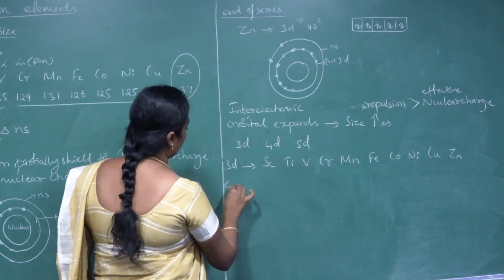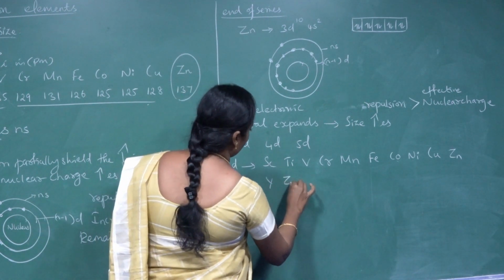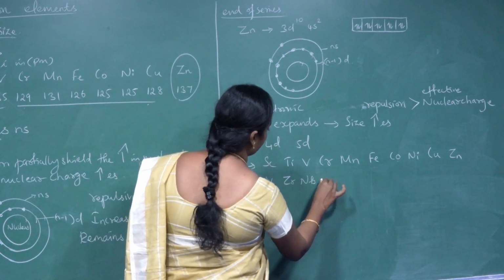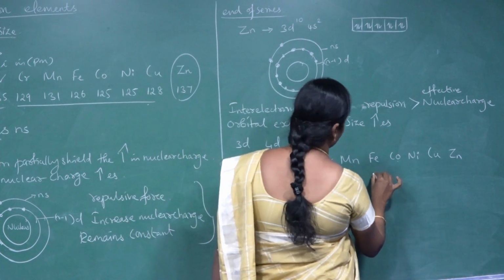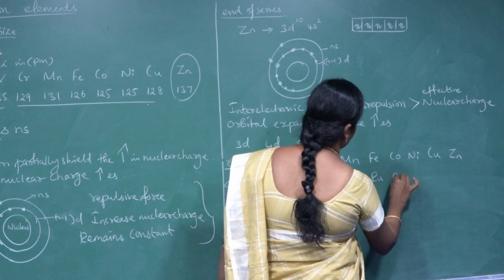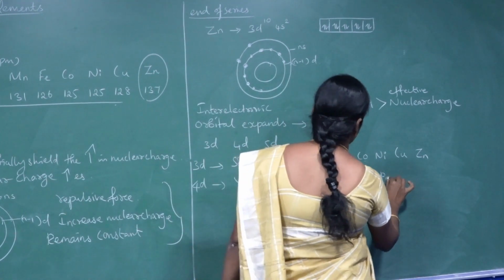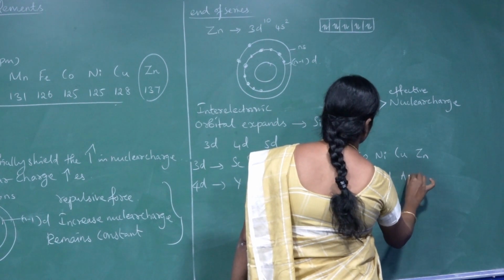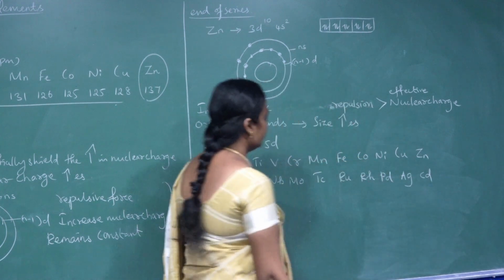If I am taking the 4d series: yttrium, zirconium, niobium, molybdenum, technetium, ruthenium, rhodium, palladium, silver and cadmium.